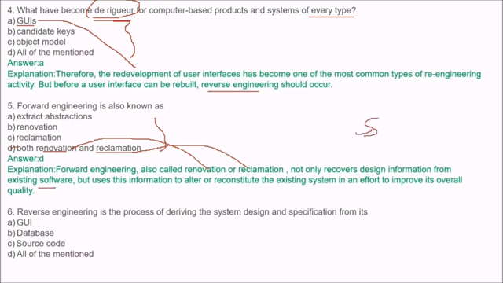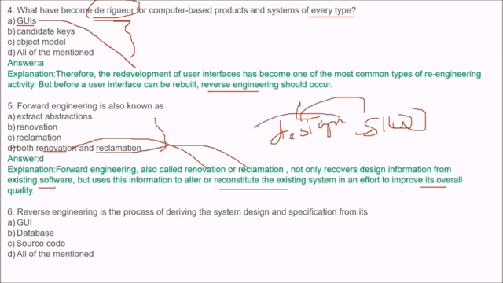You have a software or a code, and you design or recover the design part. But it also uses this information to alter or reconstitute the existing system in an effort to improve its overall quality. Means we can improve the quality via redesigning it in a way which is comprehensible by the user.